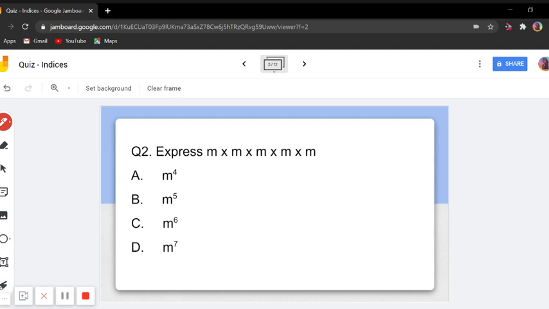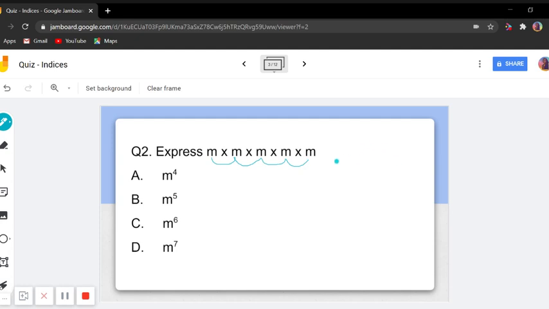Express M multiplied by M multiplied by M multiplied by M multiplied by M. Alright, let's take a look. How many times does M multiply by itself? Let's count it together. 1, 2, 3, 4, and 5.